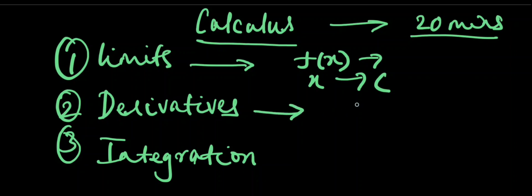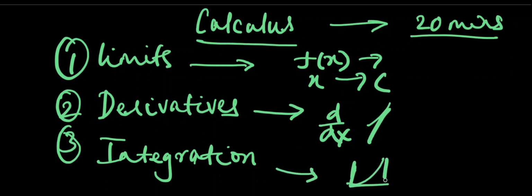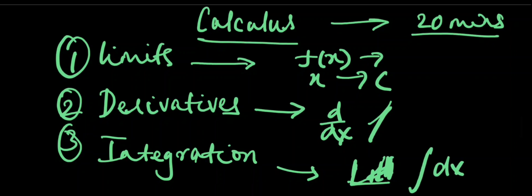Derivatives help us to find the slope of a tangent line at a curve, and integration helps us to find the area under the curve. Don't worry, I'll be covering all of this and make it quite clear.